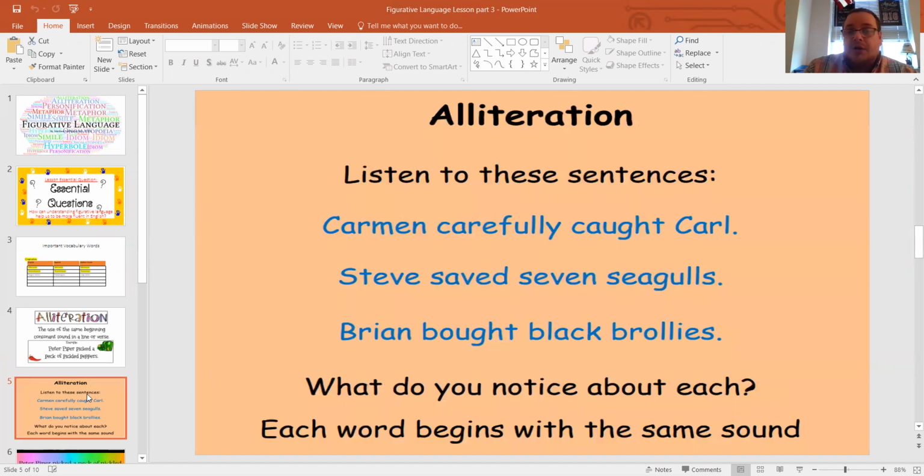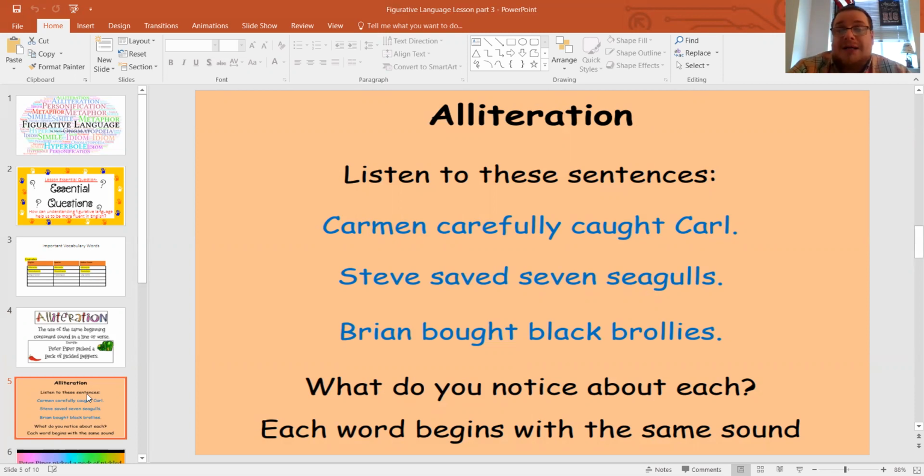All right. So, Carmen carefully caught Carl, C sound. Okay? Steve saved 7 seagulls. Now with this one, Steve is an ST, which is a consonant blend. So that means you can use consonant blends when you create an alliteration. Doesn't have to be Steve all the way down.